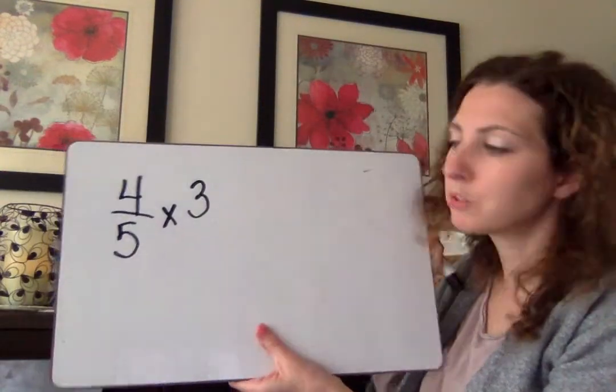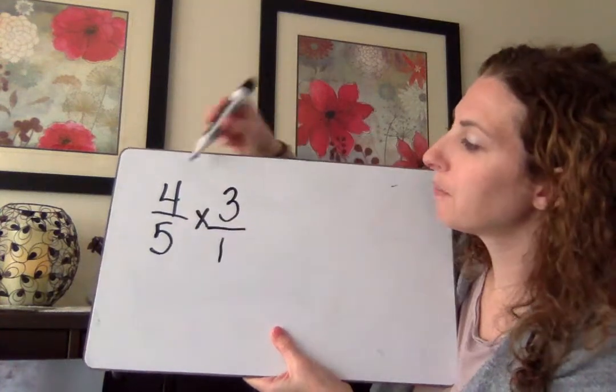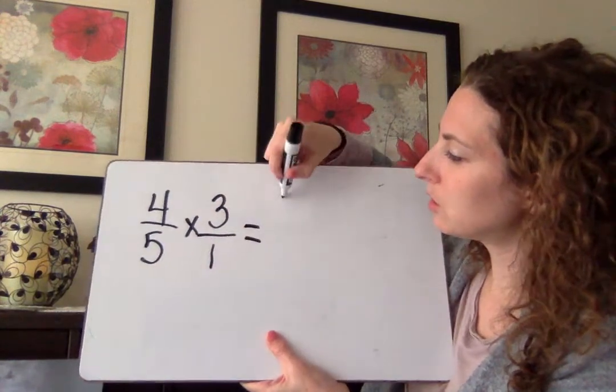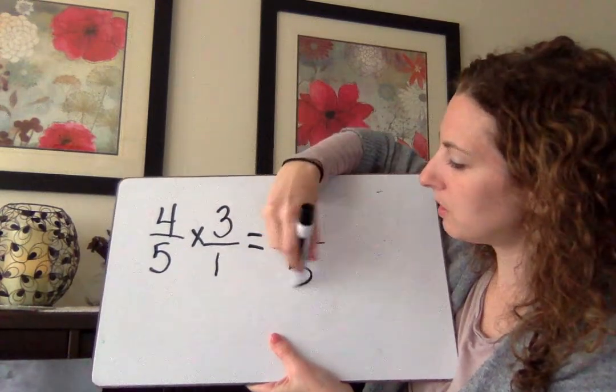All right, how about 4/5 times 3? 4/5 times 3, make that 3 into a fraction so that I can now multiply. 4 times 3 is 12. 5 times 1 is 5.